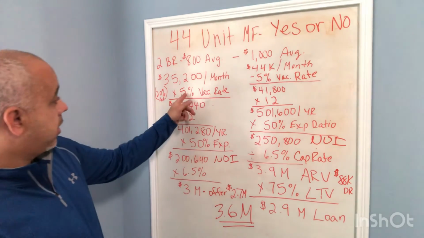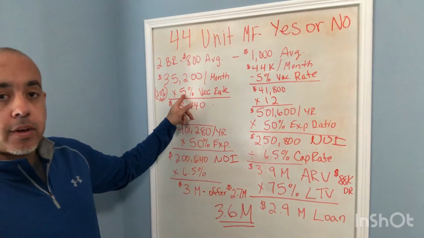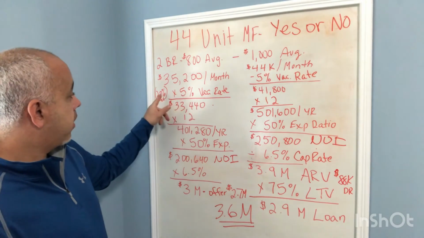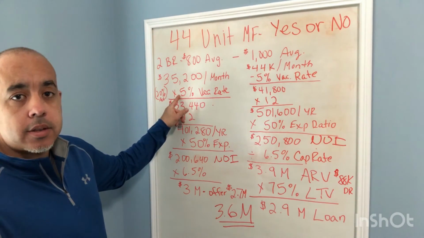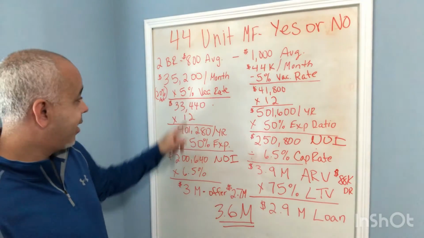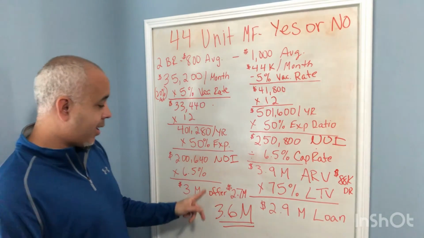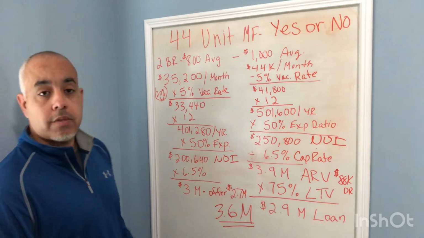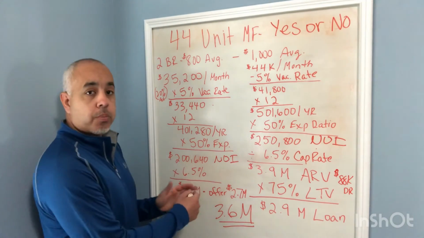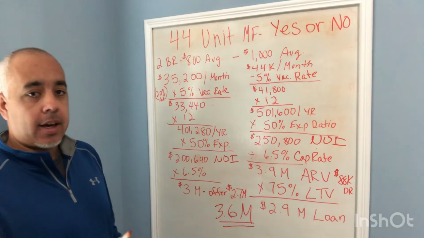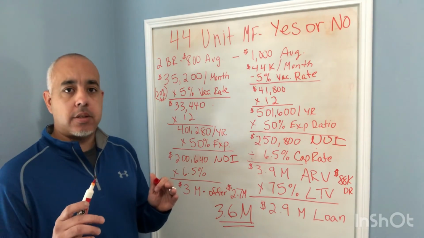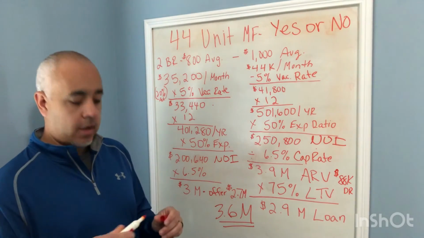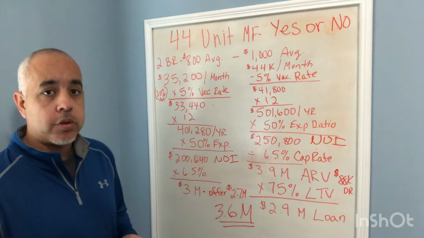He is at way more than 5% vacancy, probably around 8 to 10%. His property, the way it sits, is probably worth $2.7 to $2.8 million actual price. You do not, and I will say this again, you do not want to overpay in multifamily.